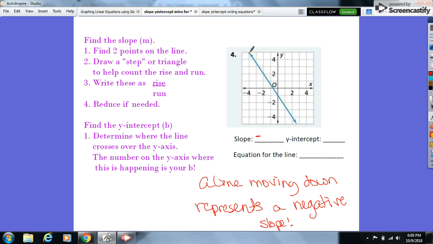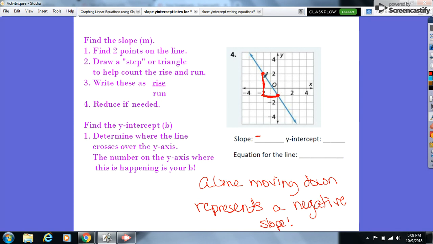I need to look and find 2 points on this line. Here's one. And here's one. Once I've found my 2 points, I draw my step or my triangle. I, for myself, like to go ahead and make a negative 1. I have my triangle go under the line. It doesn't matter if your triangle goes above or below.